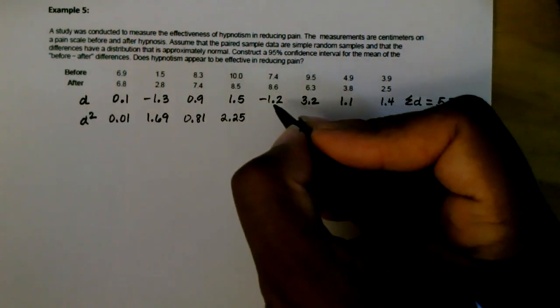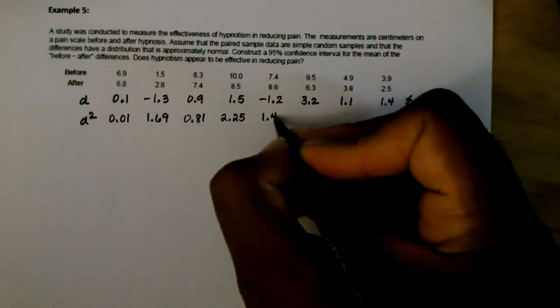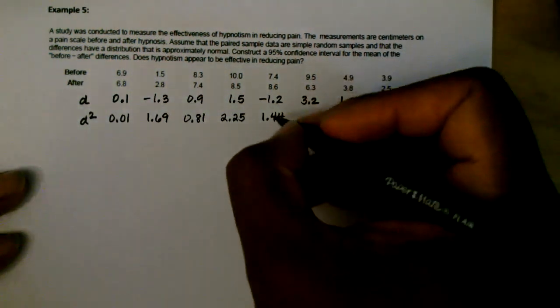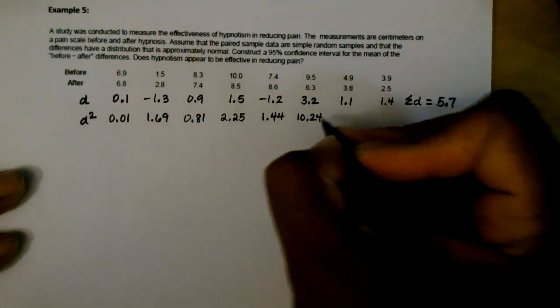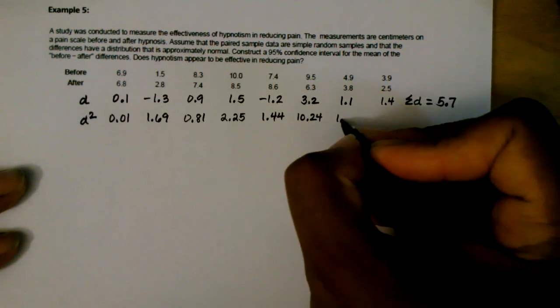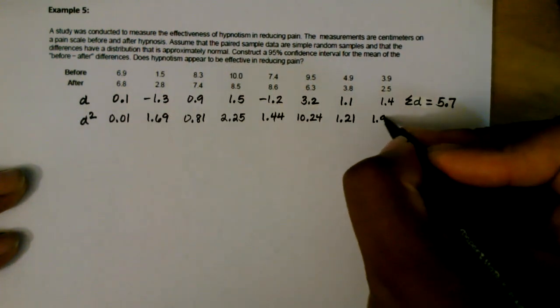Negative 1.2 squared is negative 1.2 times negative 1.2, 1.44. 3.2 squared will be 10.24. 1.1 squared will be 1.21. And 1.4 squared would be 1.96.